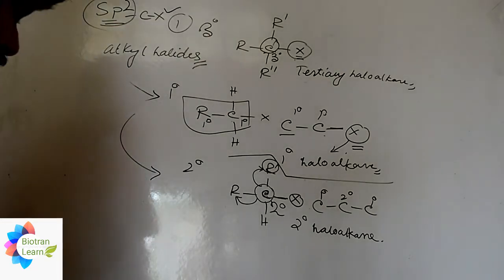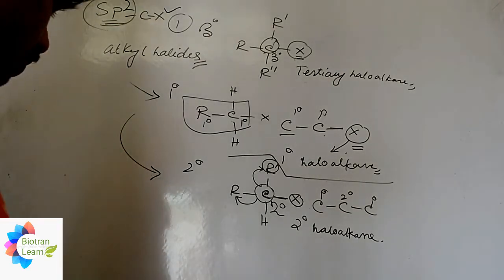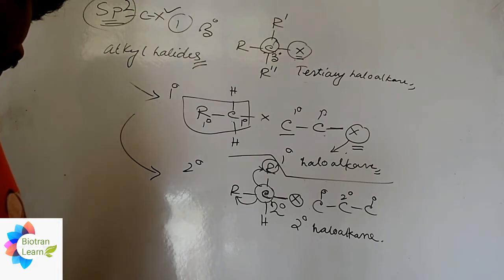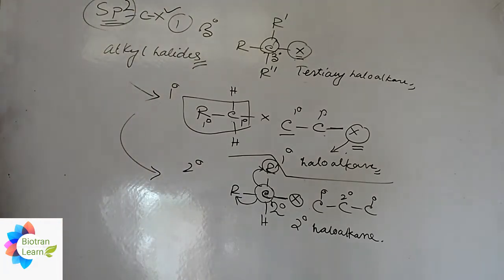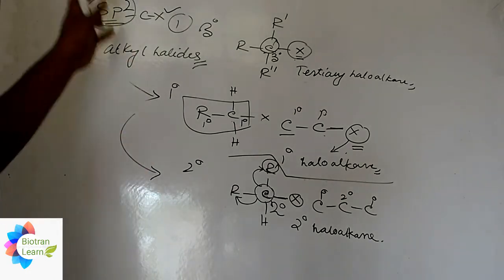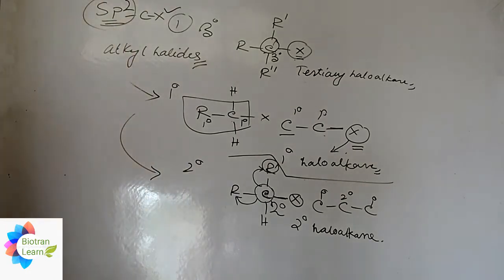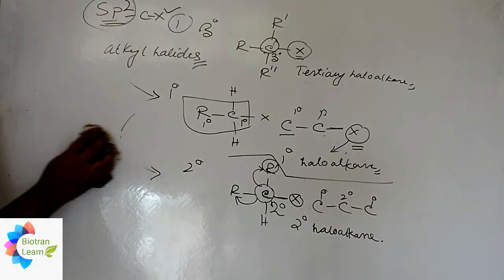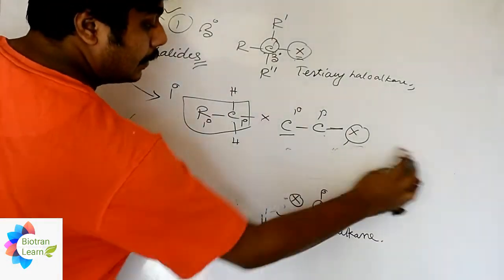Now we will be moving towards our next structure, that will be the allylic halides, right? So what happens is, you can write all these structures down in your copy, and then we will go for the next category.